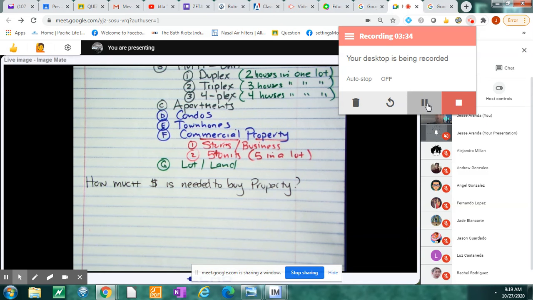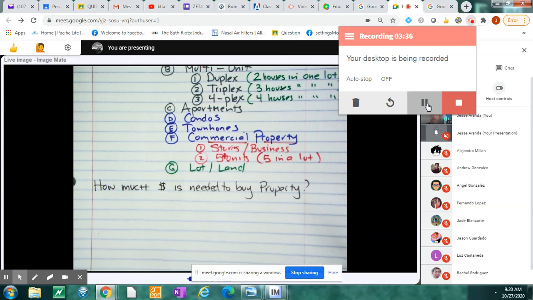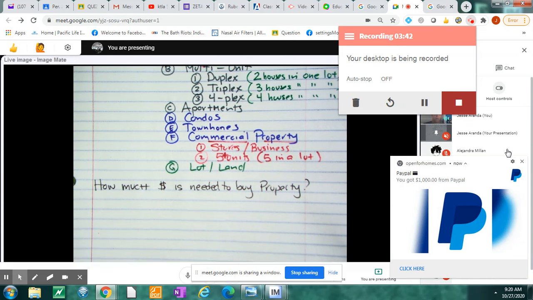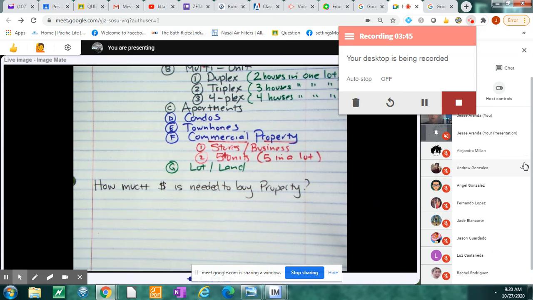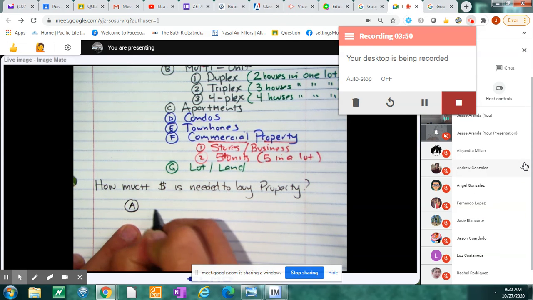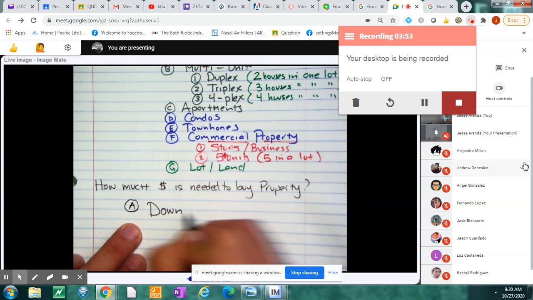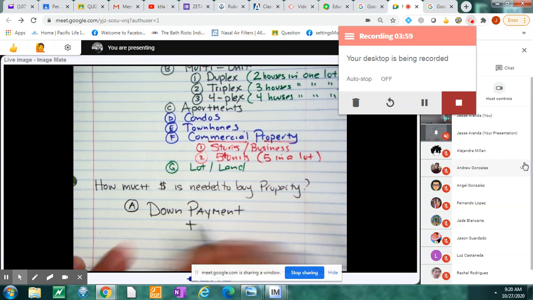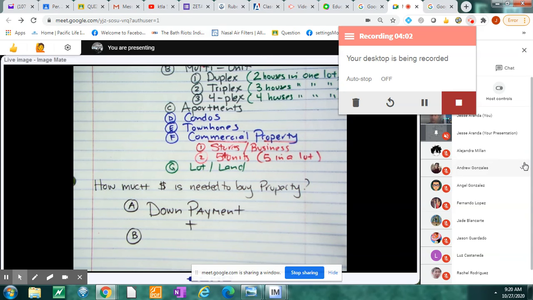The next thing we talked about is how much money is needed to buy property. You need money to buy property, but you need enough money for what? Number one, the down payment, plus closing costs, which are little fees.